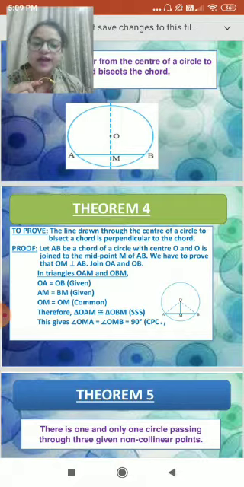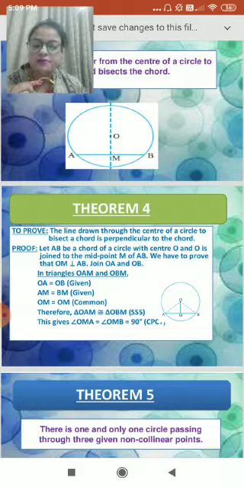To prove: the line drawn from the center of a circle to bisect a chord is perpendicular to the chord. Let AB be a chord of a circle with center O, and O is joined to the midpoint M of AB. We have to prove that OM is perpendicular to AB. We will join O to A and O to B. In triangles OAM and OBM, OA is equal to OB, which is given.